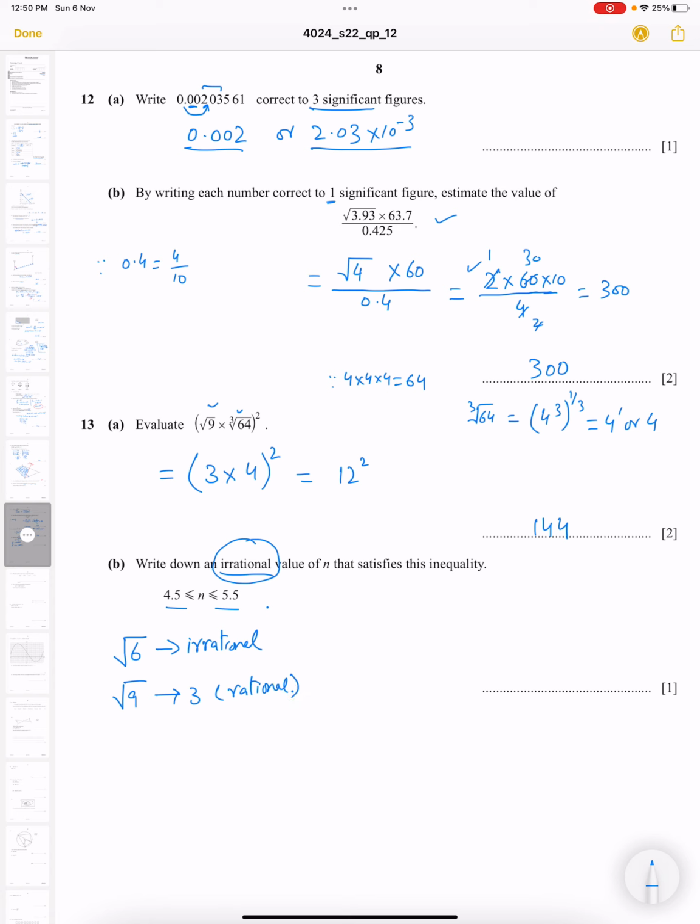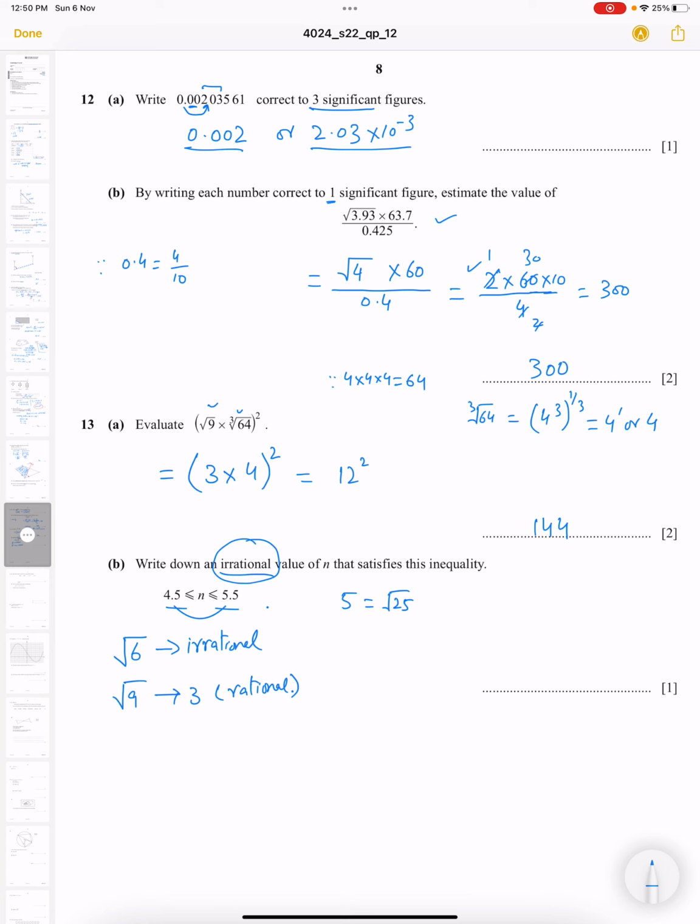So we have to think of such a number whose square root lies between 4.5 and 5.5. So we know an integer between 4.5 and 5.5 is 5. And we know that 5 is basically square root of 25. So any number closer to 25 under the square root will be the best guess.